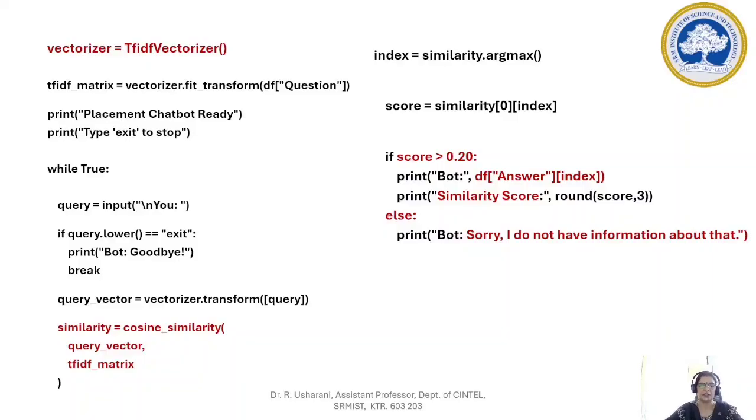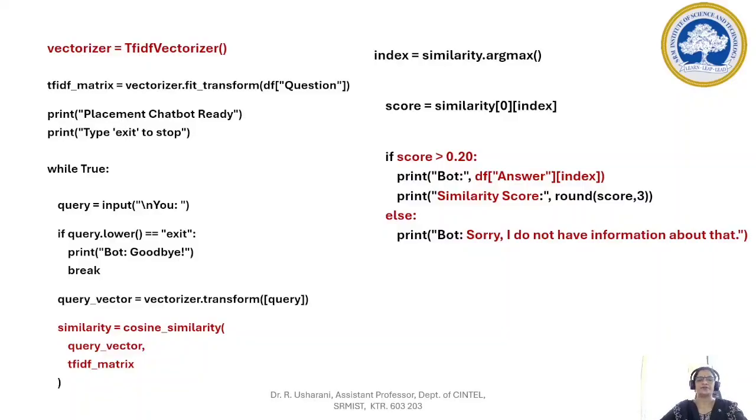After that, cosine similarity is introduced. If the cosine similarity score is high, for example greater than 0.2, it will print the relevant answer from the database with the similarity score. Otherwise, if the score is less than 0.2, the bot replies to the user, sorry, I do not have information about that.